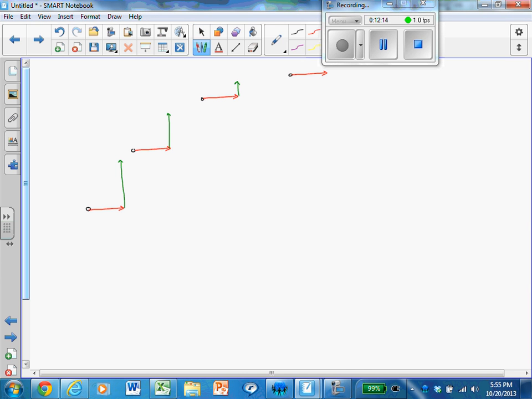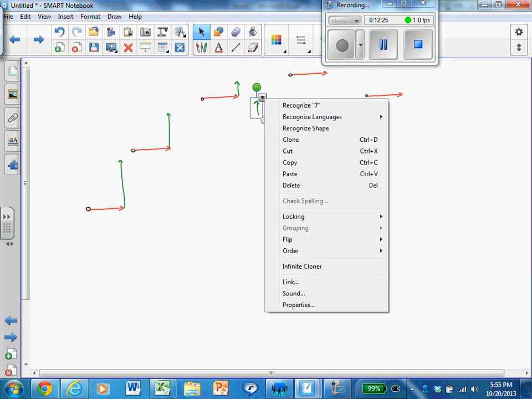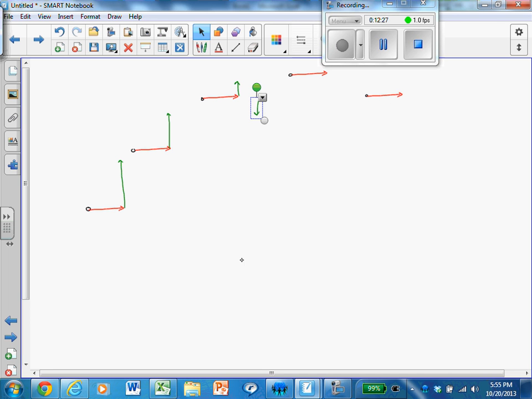So the x stays the same, but the y is headed down at an equal amount of time, falling as it had to rise in the last segment. Again, the x stays the same.